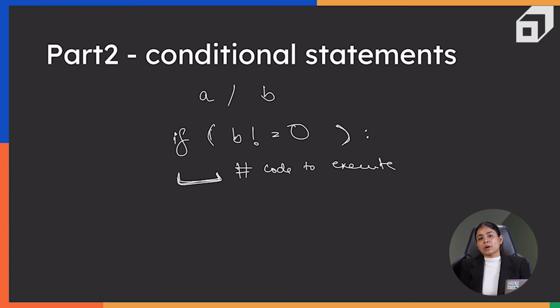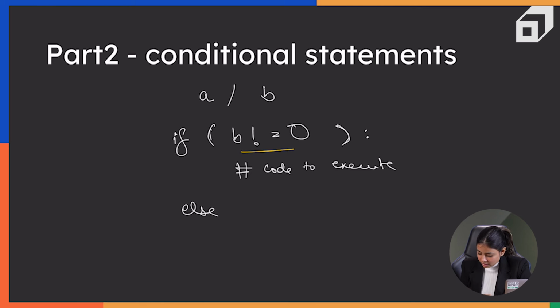Python is a programming language where we try not to use the brackets, but we try to mention the flow of the code using indentation. So without the right indentation, even the build will fail. So the code to execute will be mentioned at an indentation level if this condition is true.